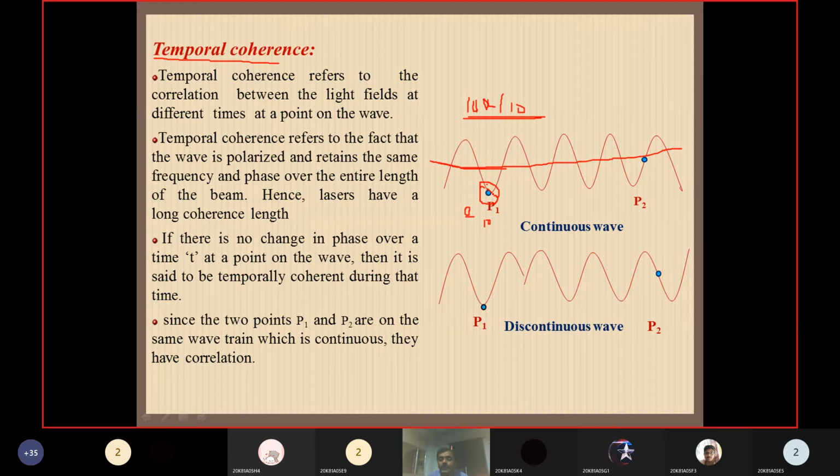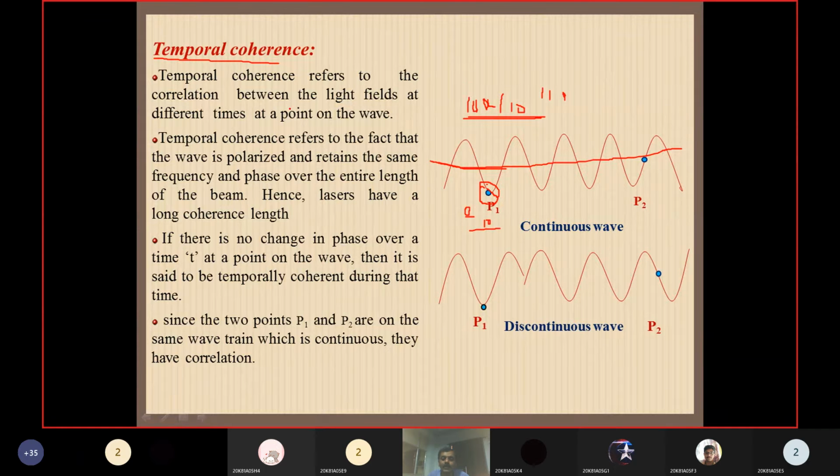If you observe at 15 seconds, the phase changes to 11 radians, so here the phase has changed. Up to 10 seconds, the phase is constant.